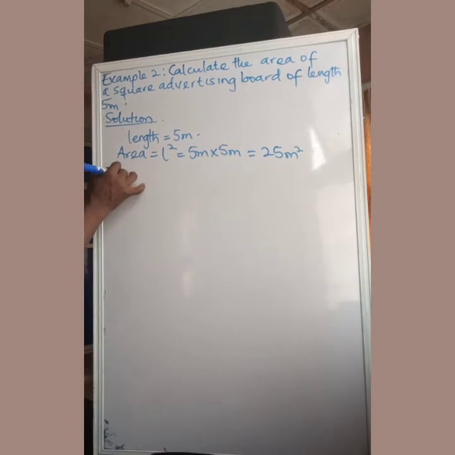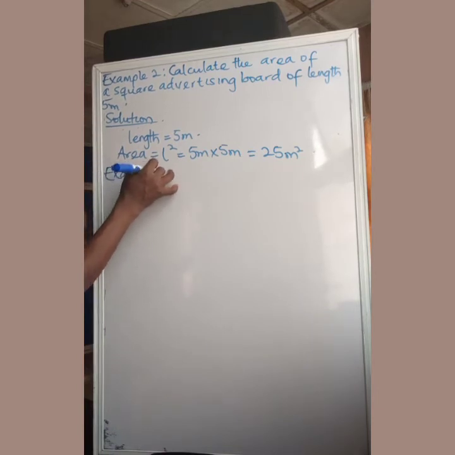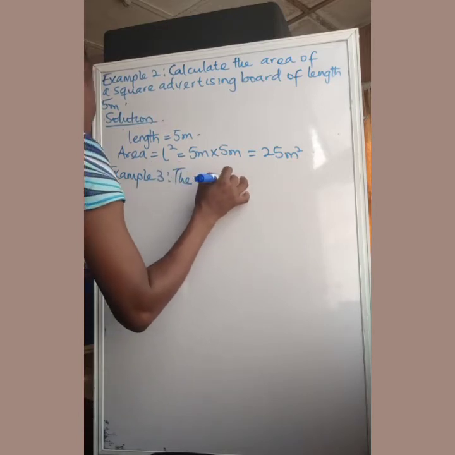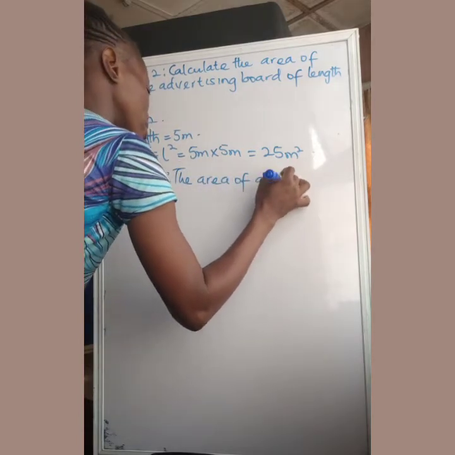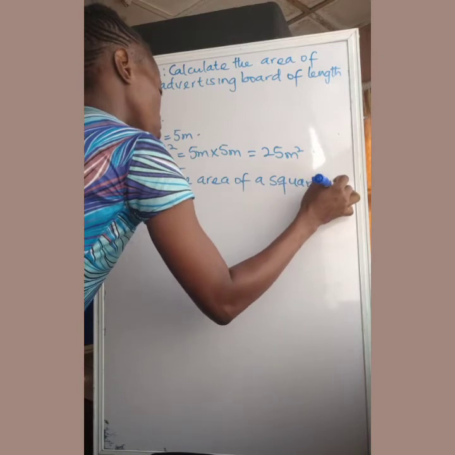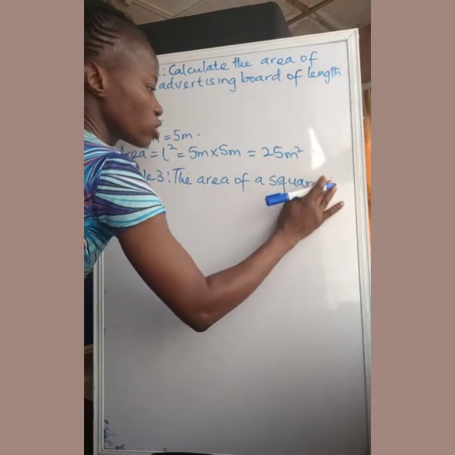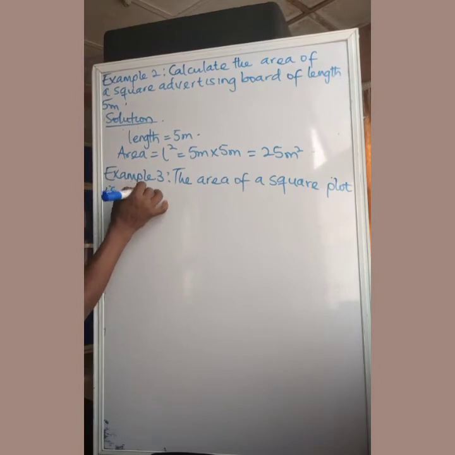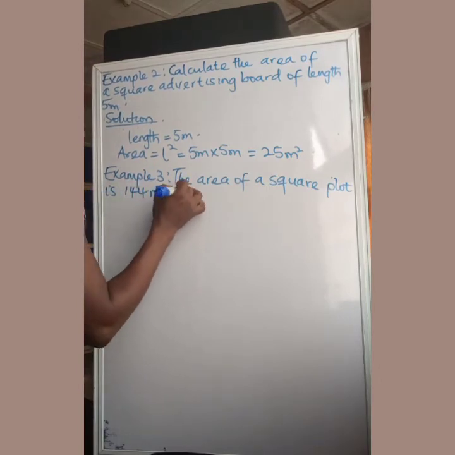Then the last example. The area of a square plot is 144 meters squared.